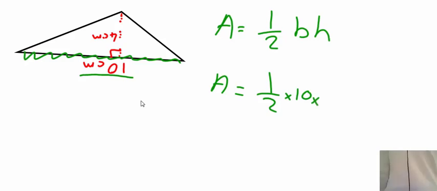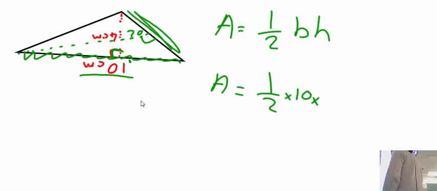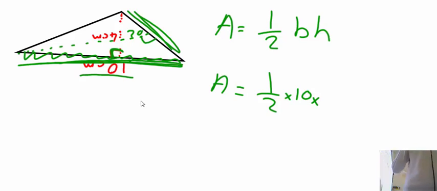Please pay attention to this. The height is at 90 degrees to the base. Sometimes I will trick you and give you the height here, let's say 20, but you are not going to use that because that's not your base. Your base is this. The one that cuts 90 degrees to your base is your height, which is 4 in this case.